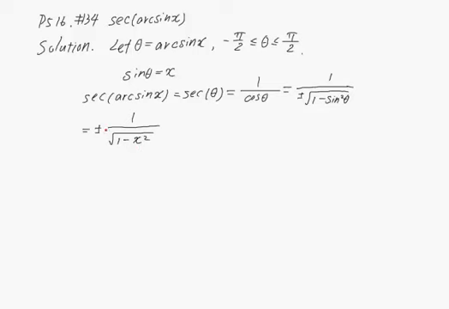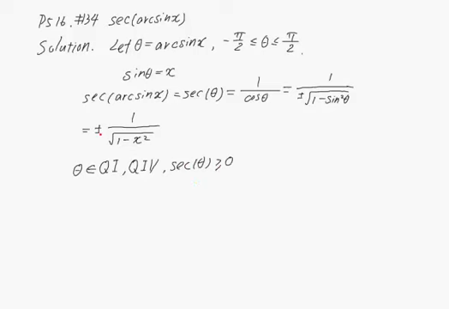Now we need to determine the sign of this secant theta. For theta between negative half pi and half pi, theta is either in quadrant 1 or quadrant 4. In these two quadrants, both cosine and secant are positive. So we have secant theta greater than or equal to 0.